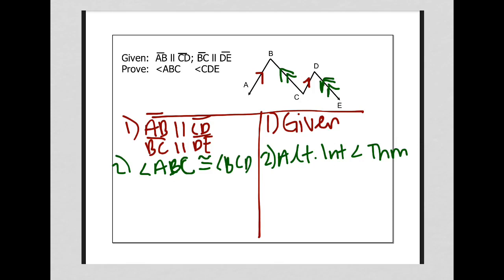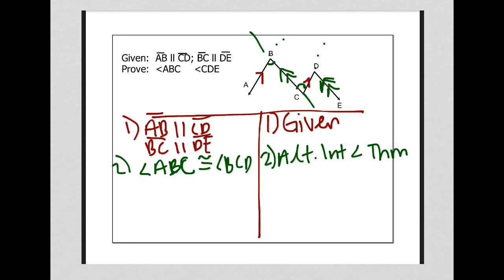So we're talking ABC, this angle right here, is congruent to BCD right here, because we have 2 parallel lines cut by this transversal, so my alternate interior angles are congruent.